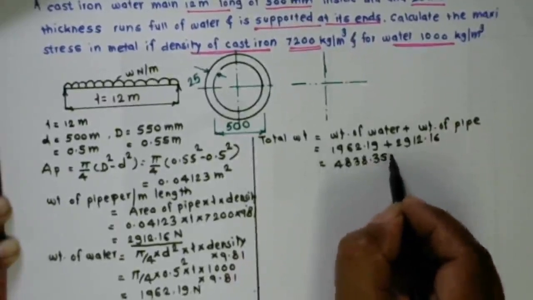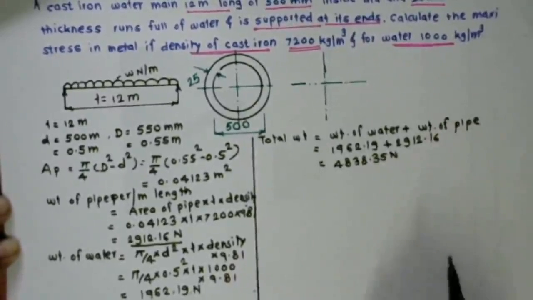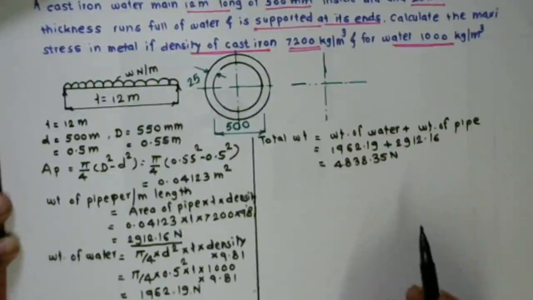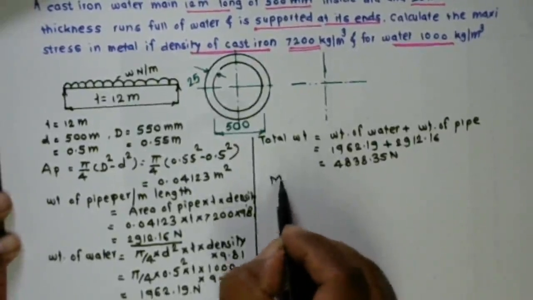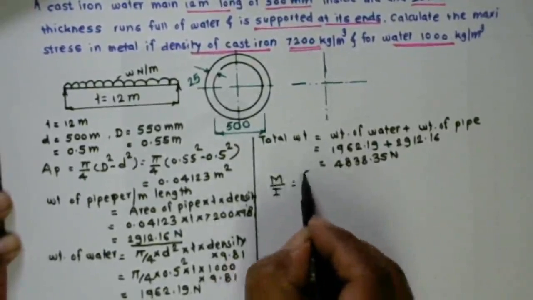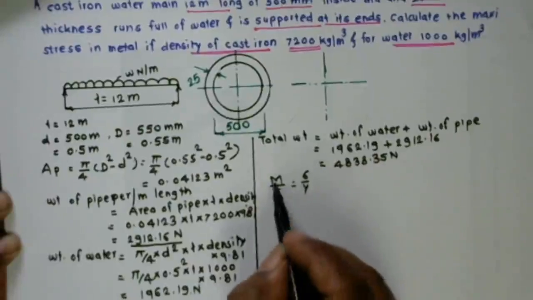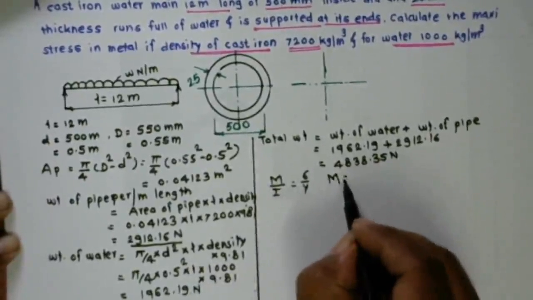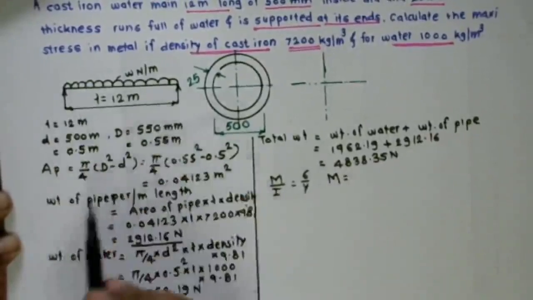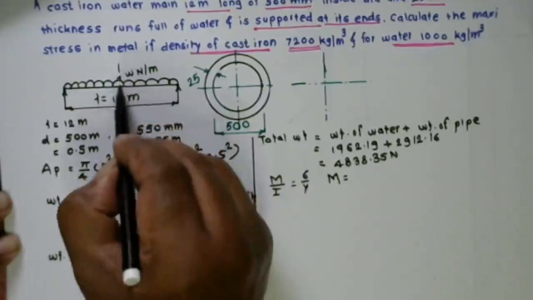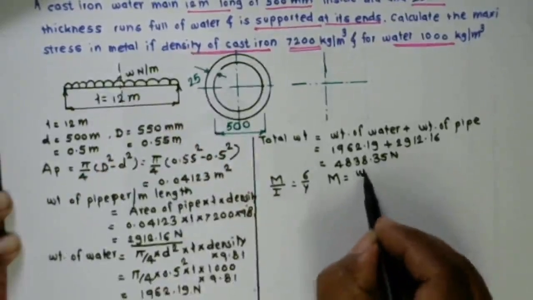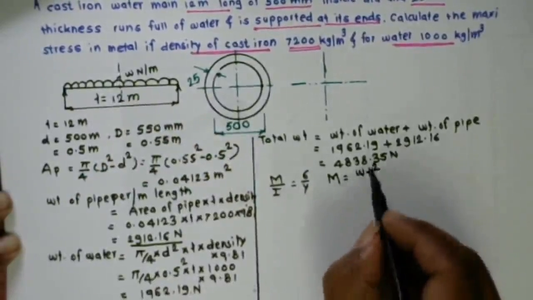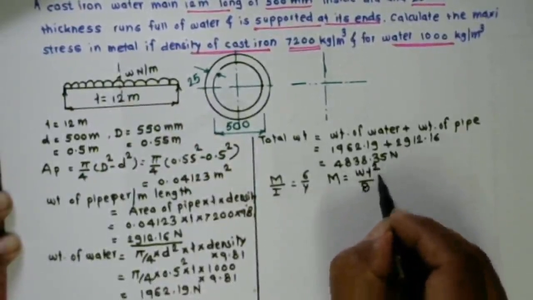Now in this case we have calculated the weight, and according to the flexural formula, M upon I is equal to sigma upon y. In that case weight is known, so we can calculate the moment acting. It is a simply supported beam, so maximum moment acts at its center, and that is the standard relation we have already seen, WL square by 8.